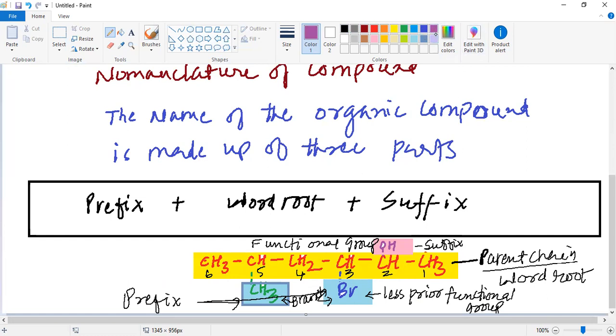So let us write the name. The name is 3-bromo, 5-methyl hexanol, 2-hexanol, sorry.